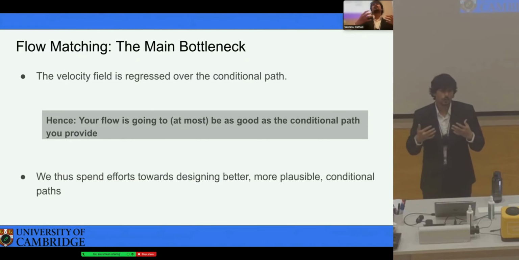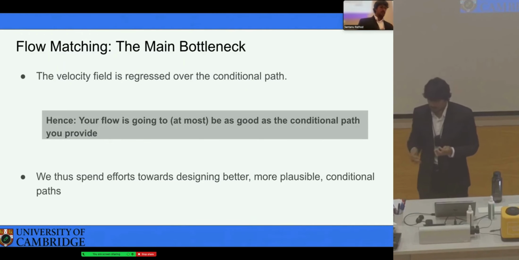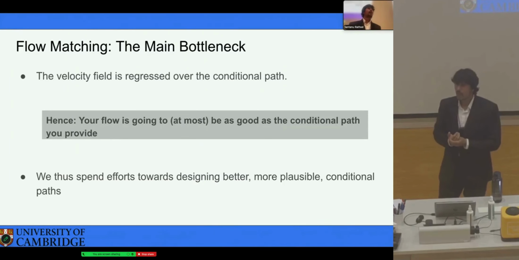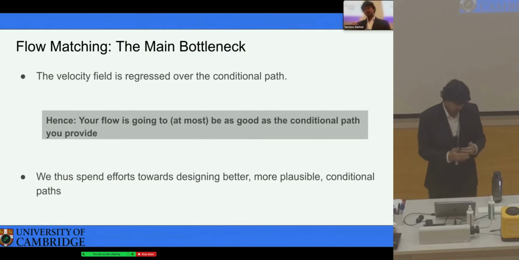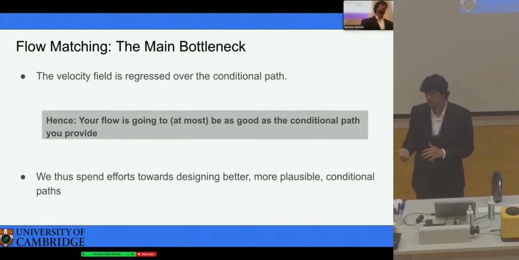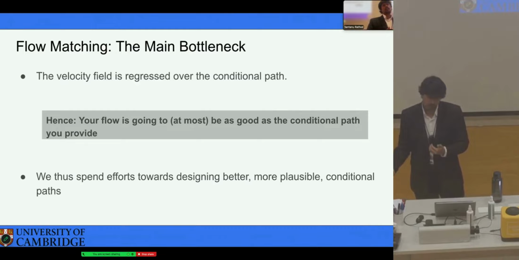And so here, if your conditional probability paths and the corresponding conditional velocity fields are not representative of the underlying dynamics, and you're training your neural network on these implausible or false conditional velocity fields, then naturally what you're going to end up with during sampling time is implausible generation.